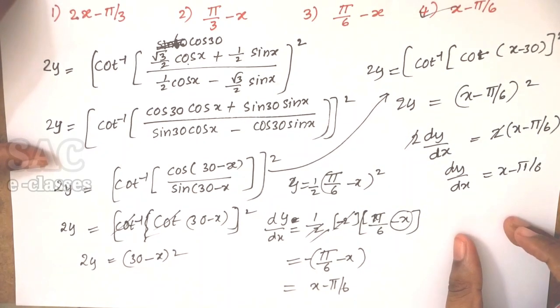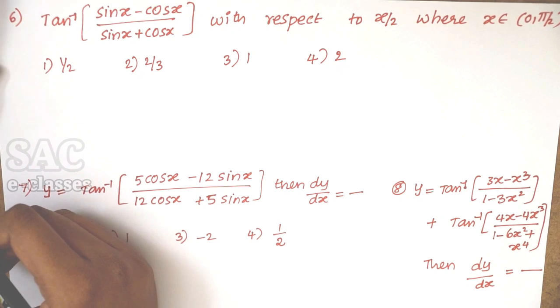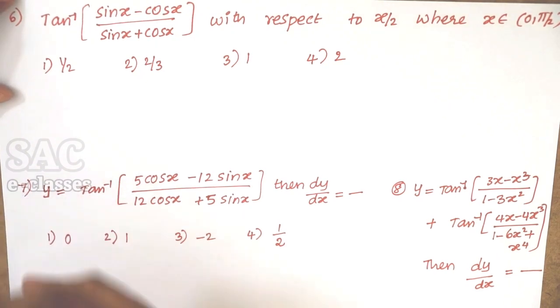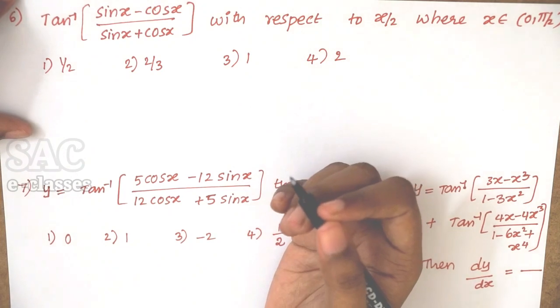Let us move to the next problem. Now listen to me. The sixth one is tan inverse of (sin x minus cos x) by (sin x plus cos x). The differentiation of this kind is very simple.